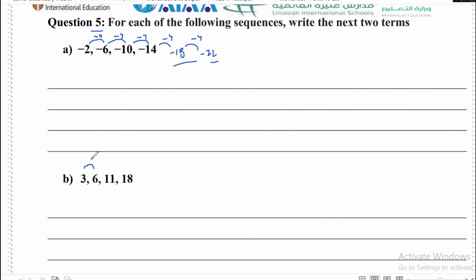Add: 3 plus 3 is 6, then 6 plus 5, and then 11 plus 7. It means your next is 9. So 18 plus 9 is 27. Check carefully, the difference is increased by 2. Now after 9 we will add 11. So 27 plus 11 is 38. So our next two terms are 27 and 38. I hope it is clear.